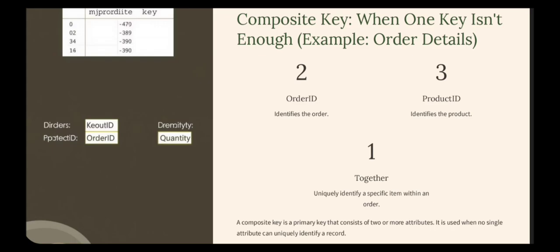So here the composite key is linking the order ID and product ID. So these are some essential keys in our DBMS which we require for organizing our data.